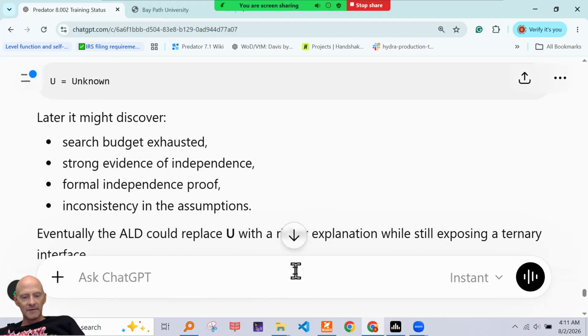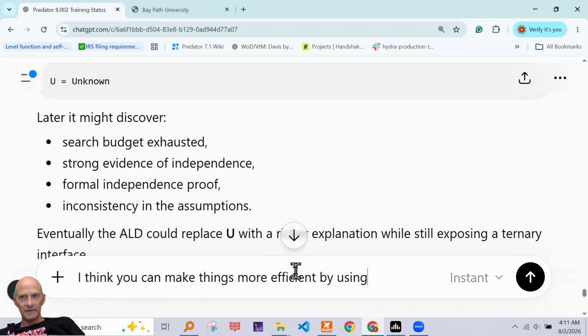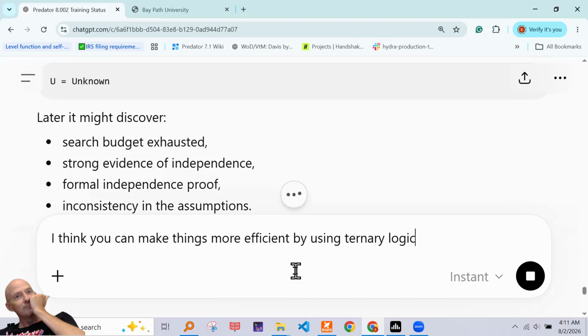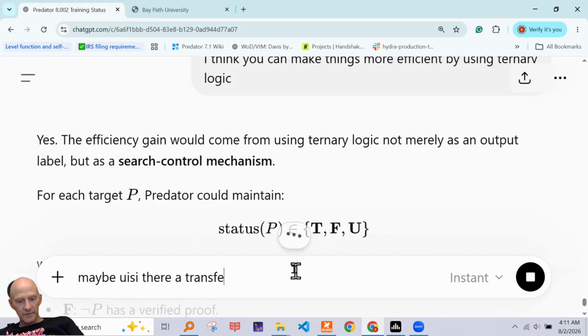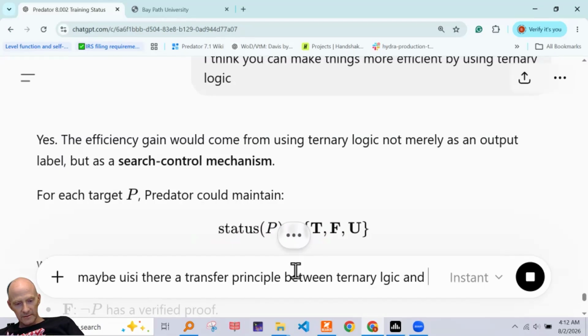Okay, so I think you can make things more efficient by using, maybe, is there a transfer principle between ternary logic and independence?